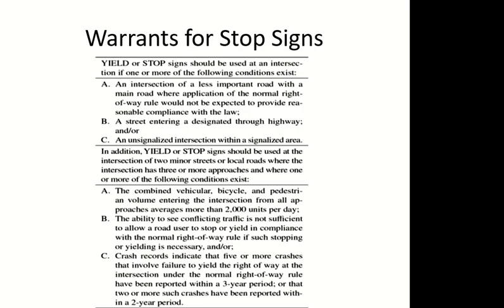In the first case we are looking at whether we already tried the yield sign and it didn't work. You have a street which is a minor street entering a highway, and you have an unsignalized intersection within a signalized area. For the minor road we are depending upon volume.